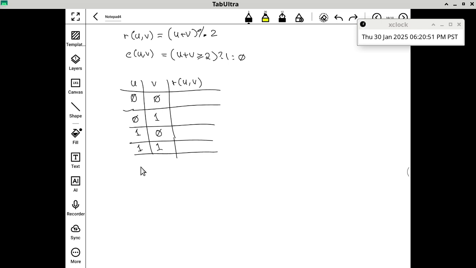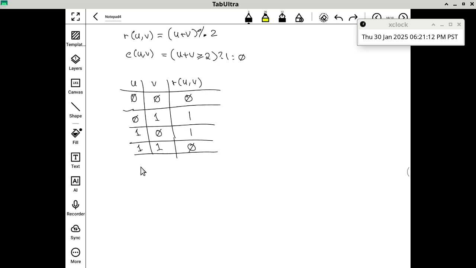That looks like a truth table. Okay, but let's just figure out what this is going to do. What is R of 0 0? That's an easy one. What about R of 0 1? R of 1 0? R of 1 1?